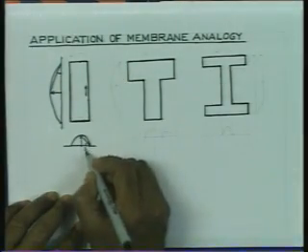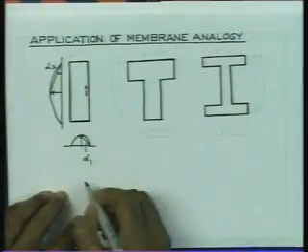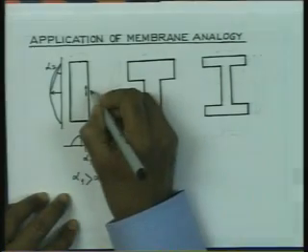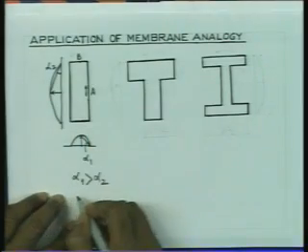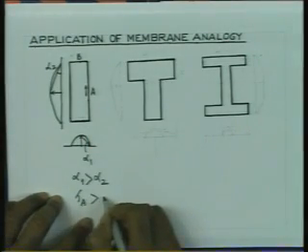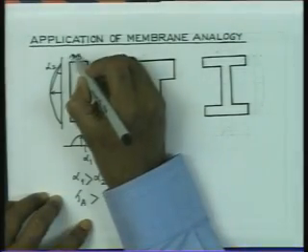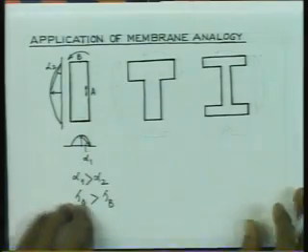So, if you consider that this is, let us say, alpha 1, this is alpha 2, since alpha 1 is greater than alpha 2, you are going to have this stress at point A. So, stress at A is going to be higher than stress at B, if of course the direction of the shear stress is like this, provided we have a torque like that.